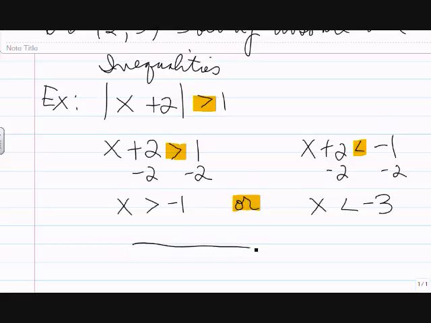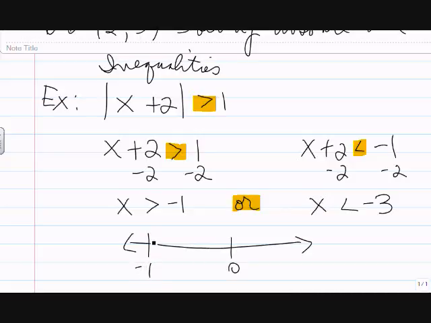So on my number line, I will graph the negative 1. This one has an open circle. The negative 3. There's the 0 here. Let me redo my number line. There's my 0.